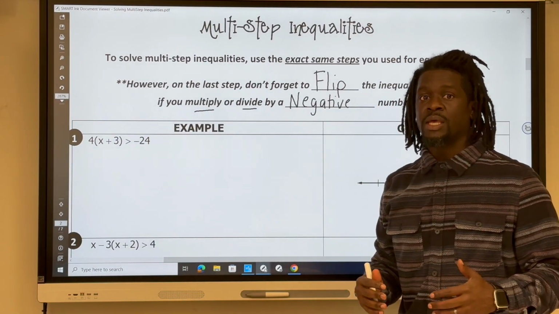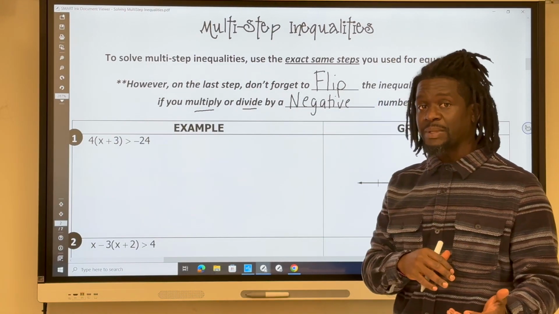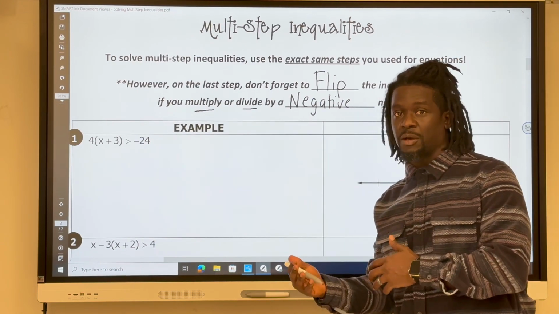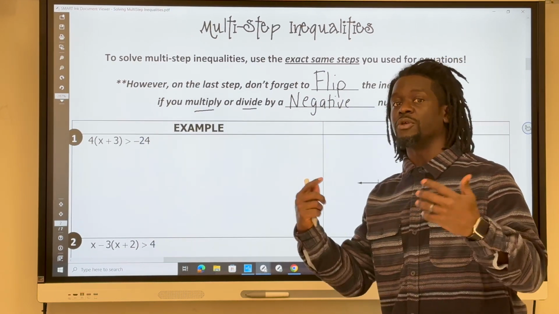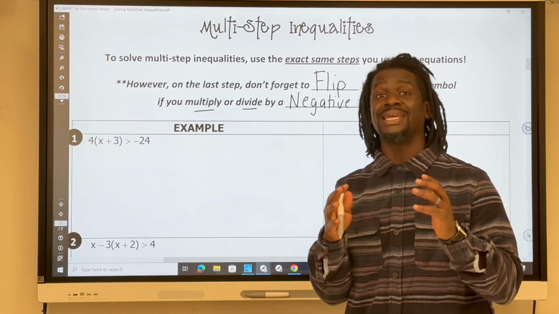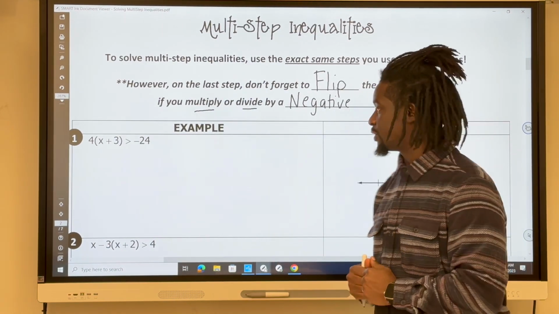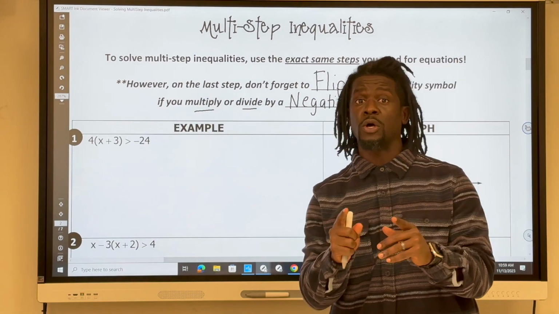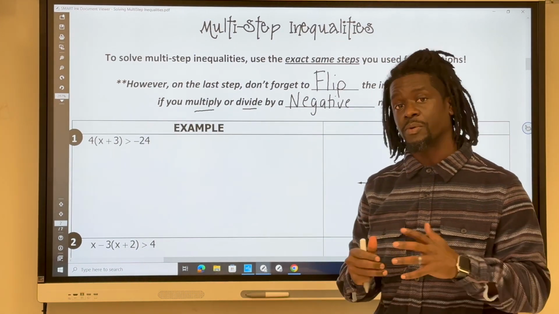So again, when you multiply or divide by a negative number in that last step, make sure you flip the symbol. Okay, that's the one difference between solving inequalities and solving equations. So at this time, I want you to pause the video and attempt number one.